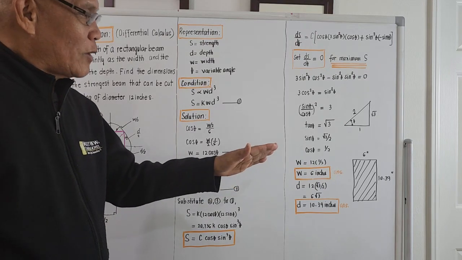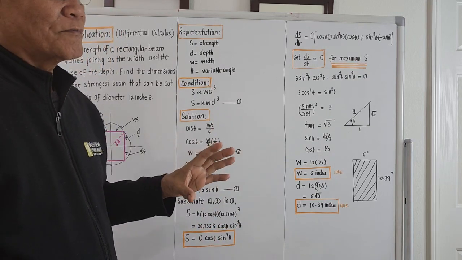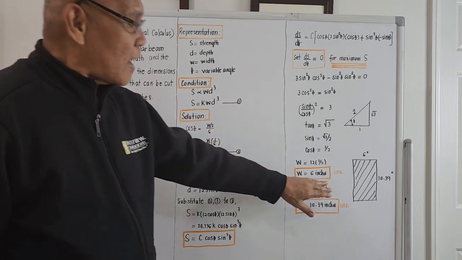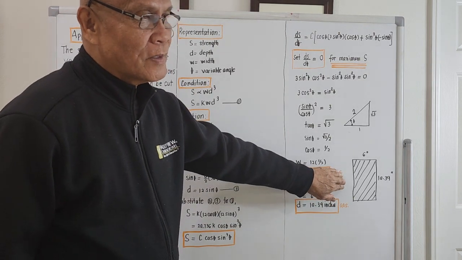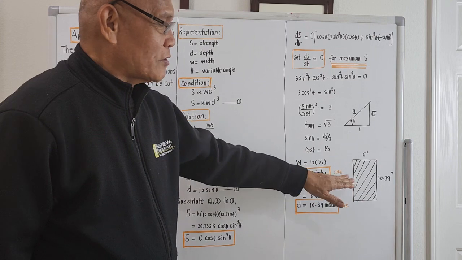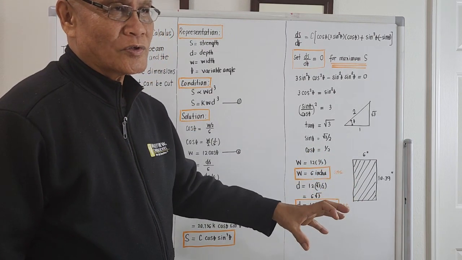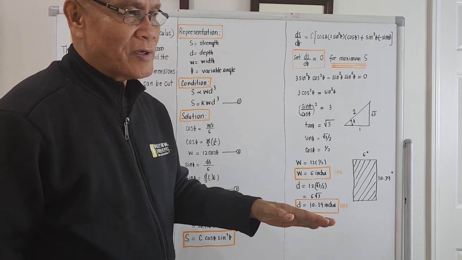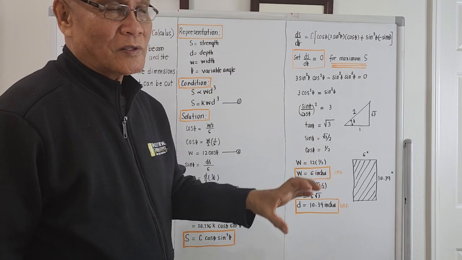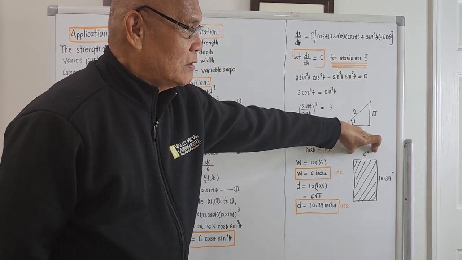Why are rectangular beams used for rafters of buildings? It was determined from differential calculus that for maximum strength the shape should be rectangular, meaning there is a depth and there is a width.